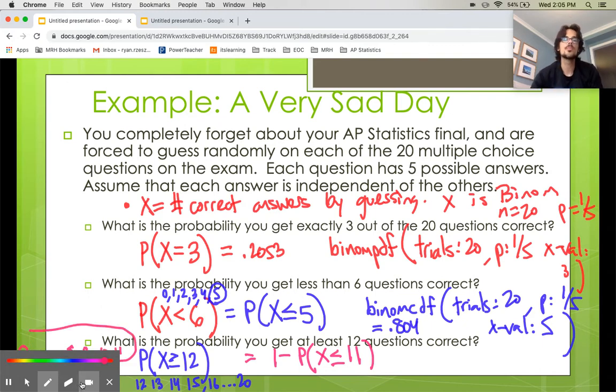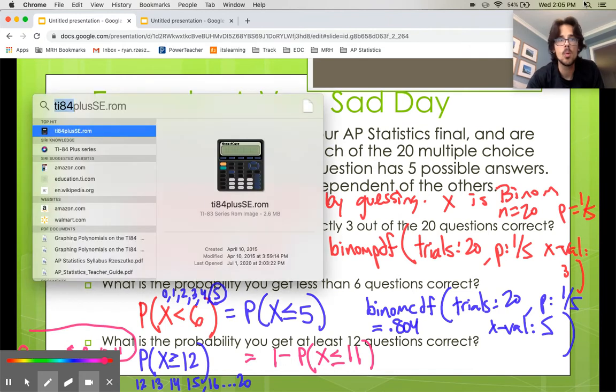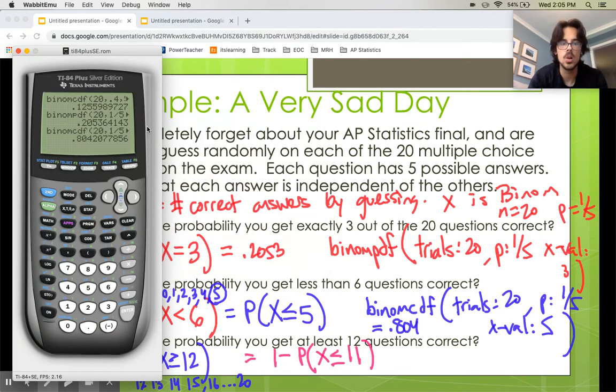So what I'll do is I'll set it up with a 1 minus. You can do it separately or just all at once. 1 minus, I need to do a binom CDF again. And my x value for this problem is going to end up being an 11. So if I do that with the 1 minus, it's a really small answer right here, 0.0001.